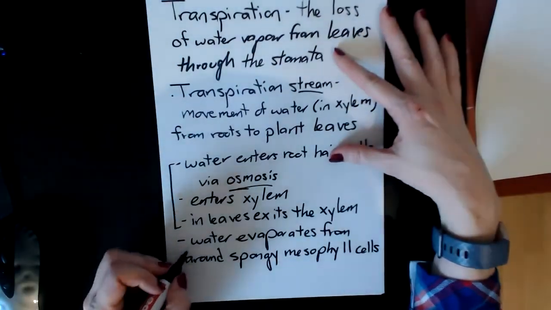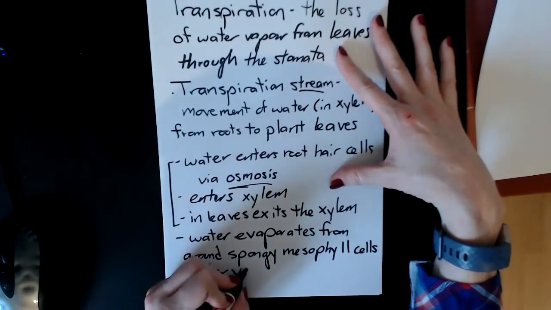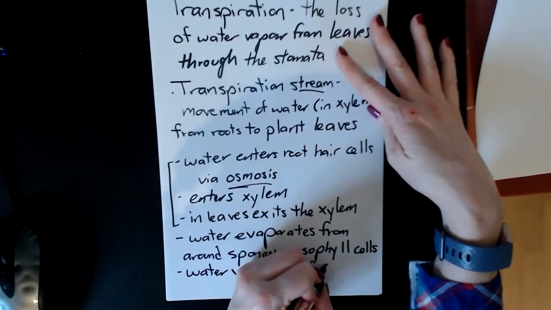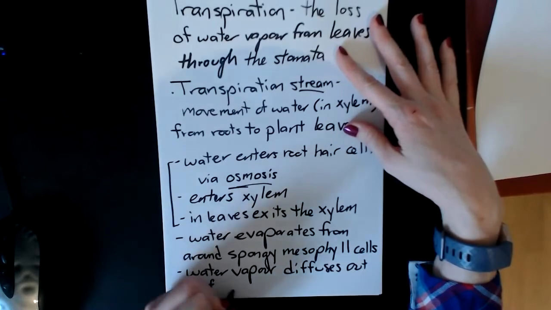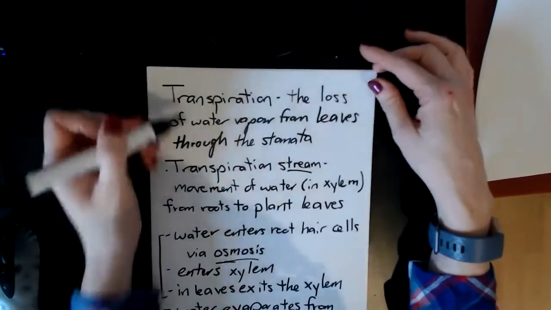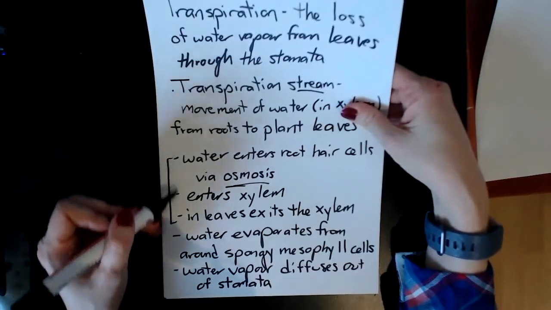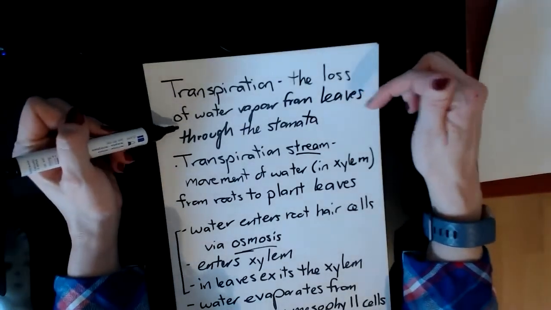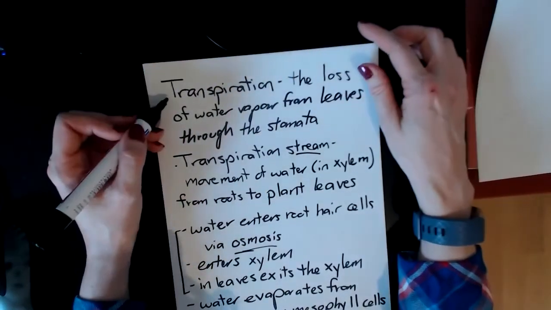And then once it evaporates, the water vapor diffuses out of the leaf through the stomata. Okay, and so that's what this is. So the transpiration stream is this whole process here. And then this last part, the actual loss of water vapor from the leaves through the stomata, which happens via diffusion, is the transpiration itself.